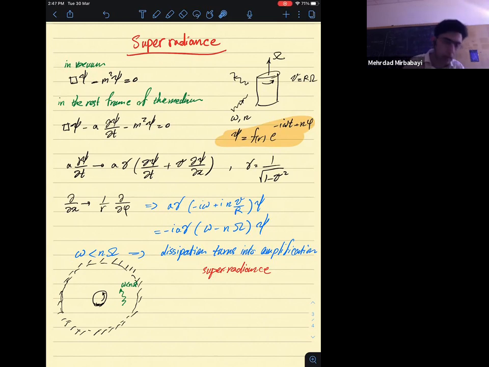Okay, then we can move on to thermodynamics of black holes.